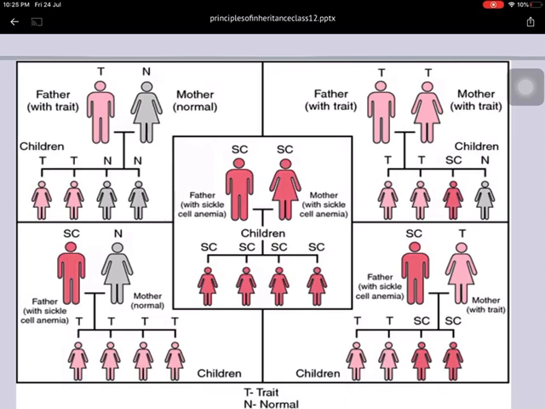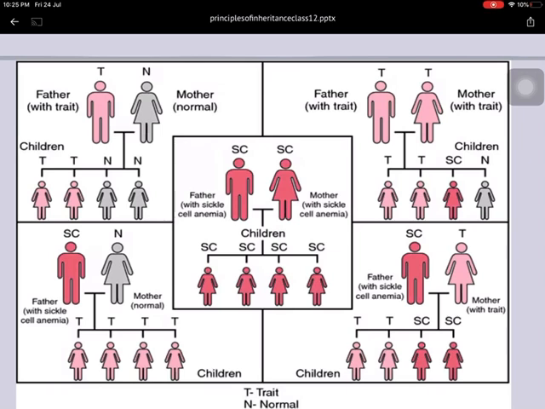In this example, you are able to see in the first diagram, the father with trait and the mother is normal, and among the children, both girls are affected, whereas two are normal. So what does it mean? Definitely it is related with the autosome. Father with trait, mother with trait.